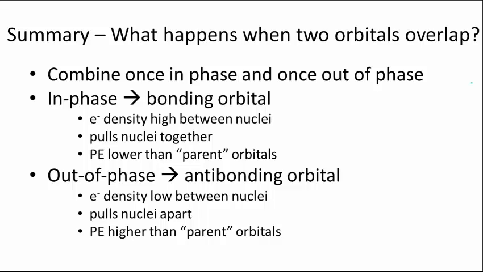So electrons in an antibonding orbital would pull the nuclei apart, and the potential energy for the antibonding orbital is higher than it was for the parents. I'm going to wait for the people in the room to copy that, but feel free to fast forward if you've already copied it.